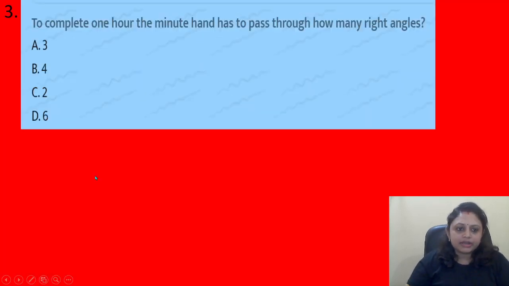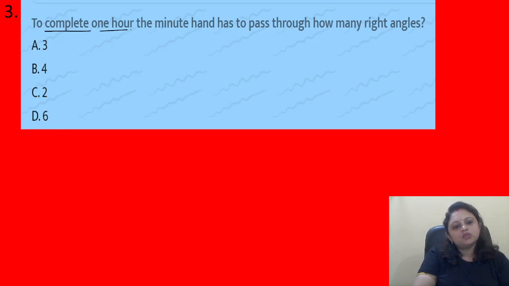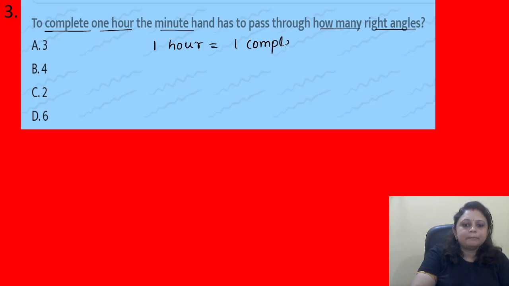Okay. Coming to the next question. To complete 1 hour, the minute hand has to pass through how many right angles? Option A 3, B 4, C 2, D 6. To complete 1 hour, the minute hand has to undergo one complete rotation, right?